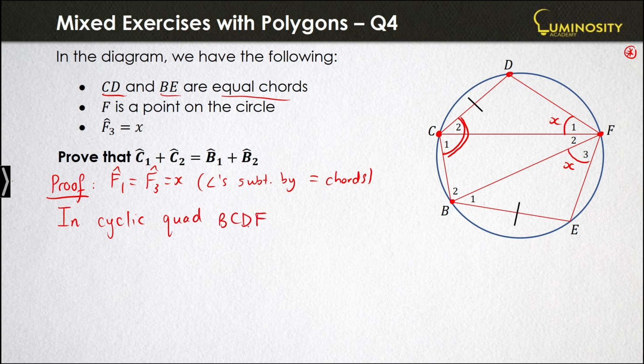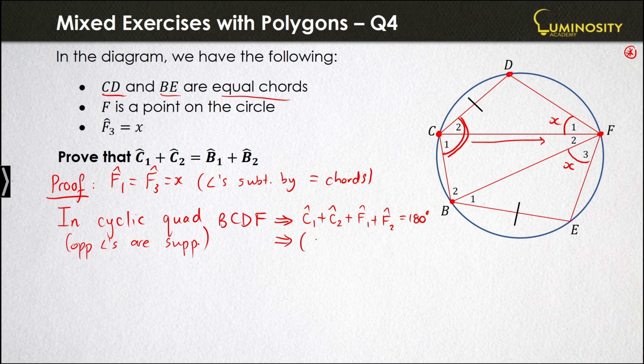BCDF, and we know it's cyclic because, again, all four points are on the circumference of the circle, we must have, so in cyclic quad BCDF, that angle C1 plus angle C2, this angle here, plus the opposite angle, which is angle F1 plus angle F2, must give you 180 degrees, because again, opposite angles are supplementary, so they add up to 180 degrees.